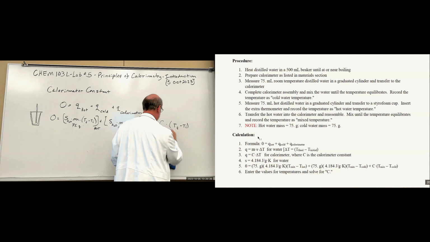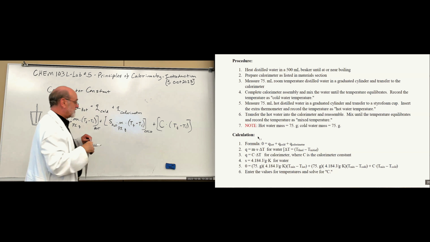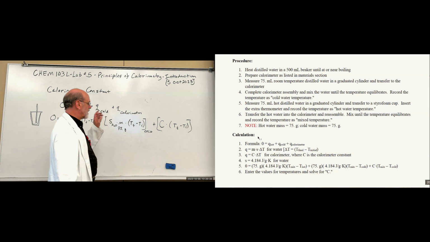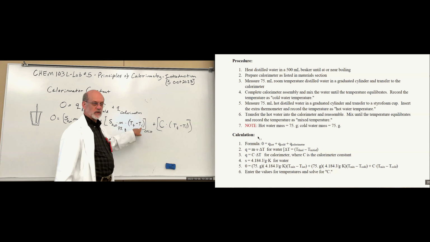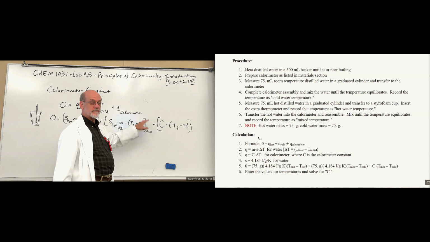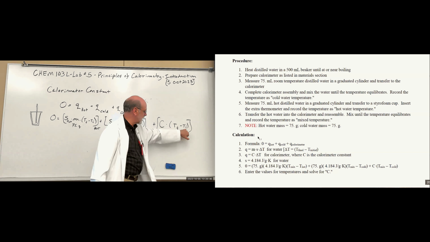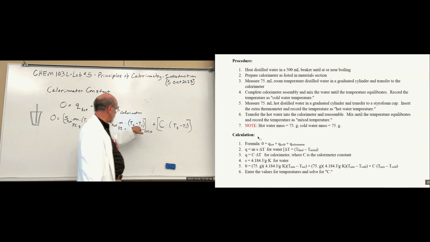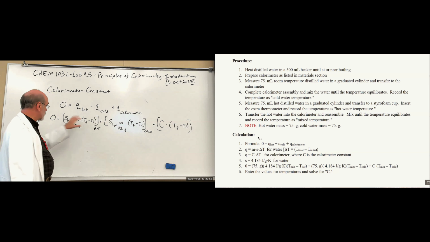All right. The way we set this experiment up, the initial temperature of the calorimeter is going to be the same as the cold, because we're going to put the room temperature water in the calorimeter first, and they'll come to equilibrium. So these two temperatures will be the same, and these will be the same for every one of them. Okay, so we're going to measure those temperatures.